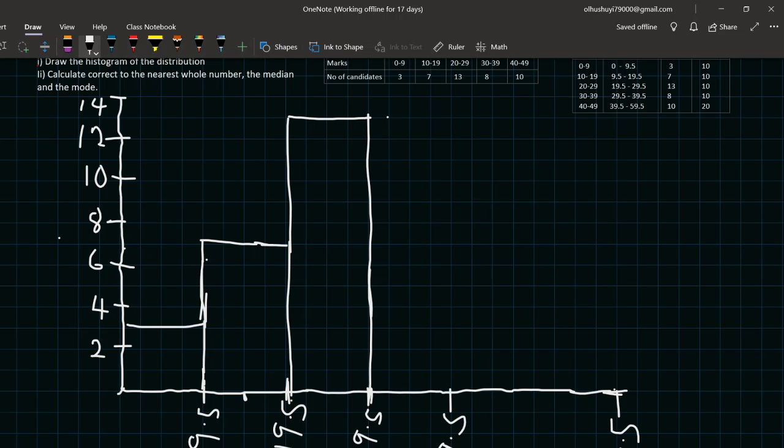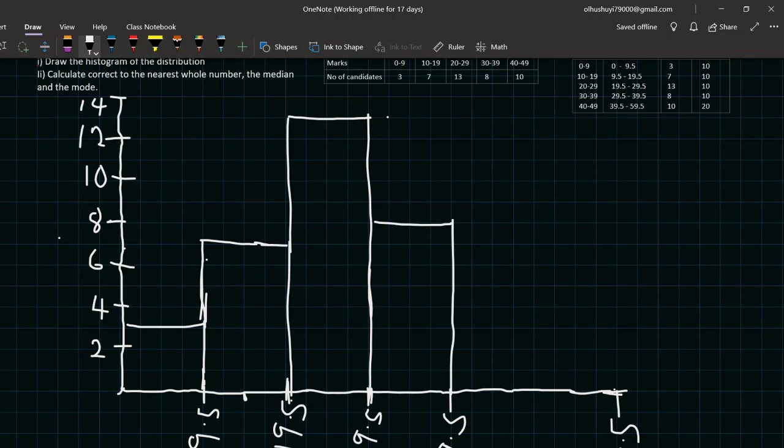Then the next one, 8, 29.5 to 39.5. 8 is here. Good. Then we have the last, which is 39.5 to 59.5.